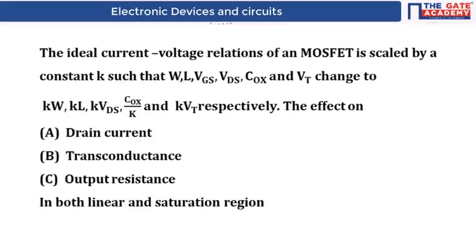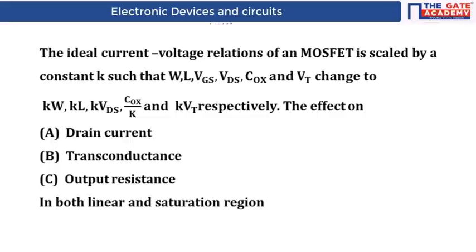See, once you scale it, then what happens? Let me consider it as ID dash. So ID dash is going to be mu n, COX by K after scaling, KW divided by KL, into KVGS minus KVT, so I have taken K outside of these two, into KVDS minus KVDS whole square divided by 2.